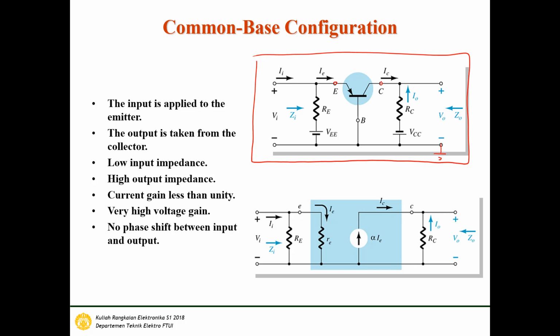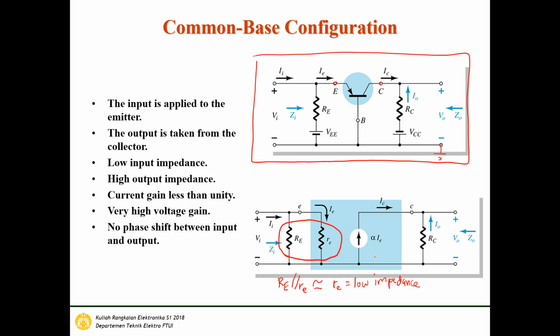So we have the parallel connection between the emitter resistor, big RE, and the small emitter resistor, small re. Because the big RE is parallel with the small re, it will be similar to the small re. So this is the low impedance. This is the characteristic of the common base.